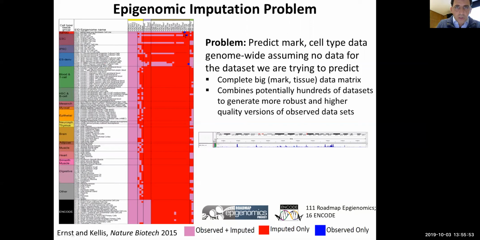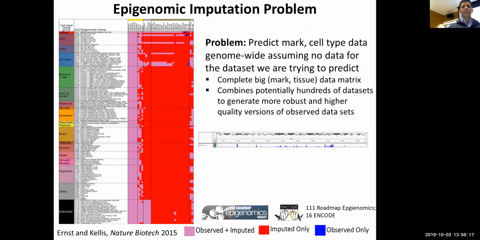So this one and that one and that one, basically. For these, we had these 3 observed data sets. These are the blue ones. Here we only had observed data, but we did not impute anything for that column and for that entry, because I didn't have anything else for that cell type that I could base it on.